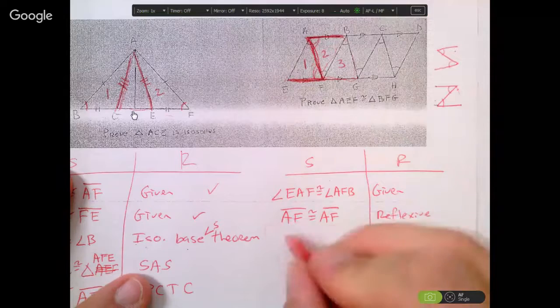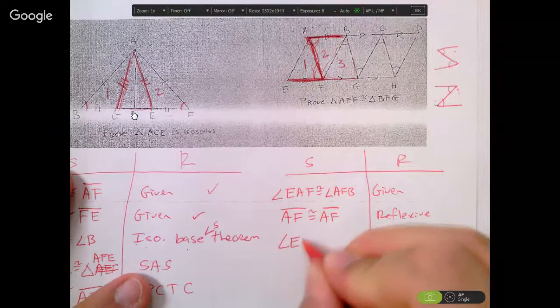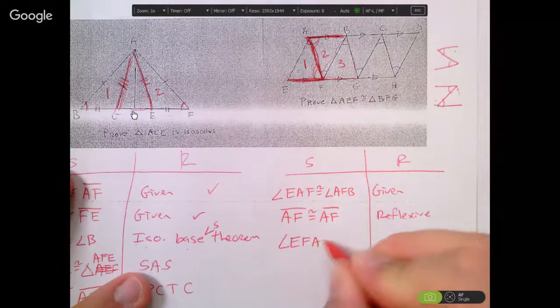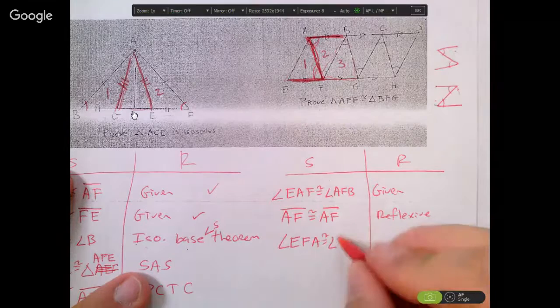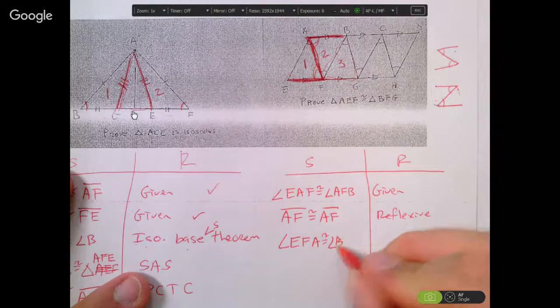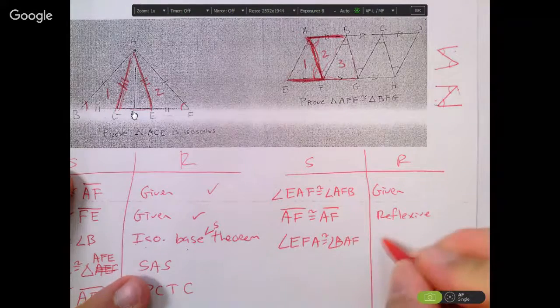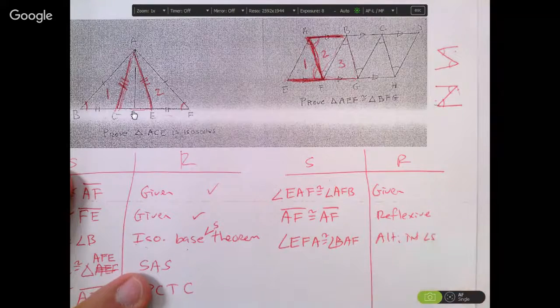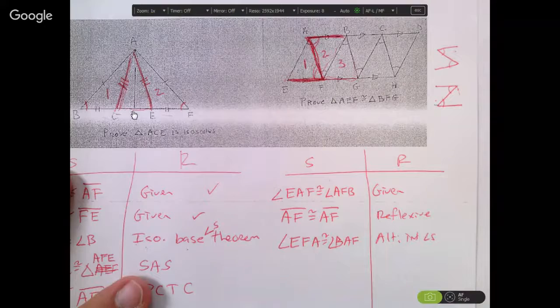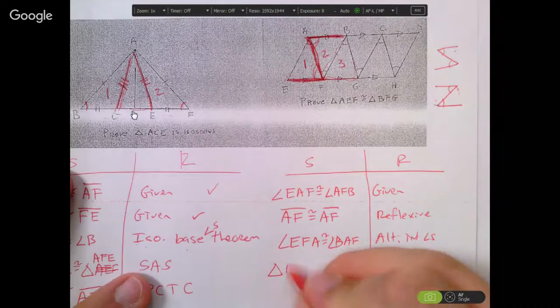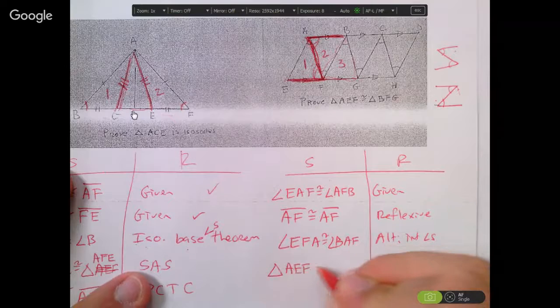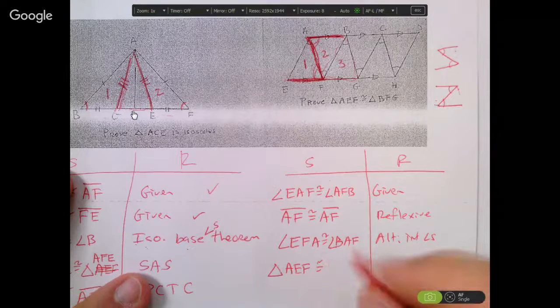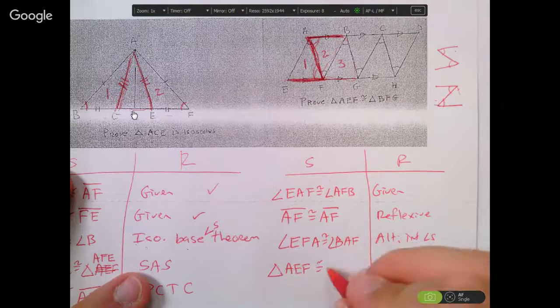Angle EFA is congruent to angle BAF because of alternate interior angles. Then we can say that triangle AEF is congruent to triangle FAB.